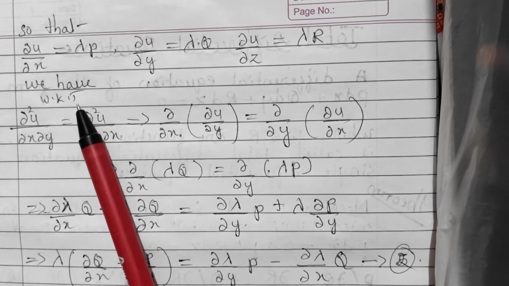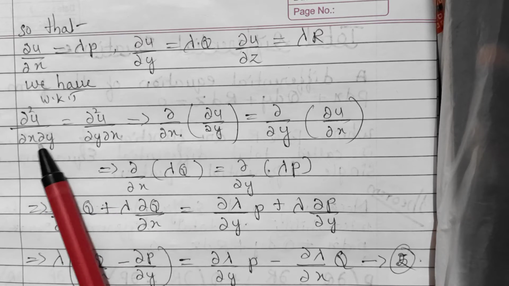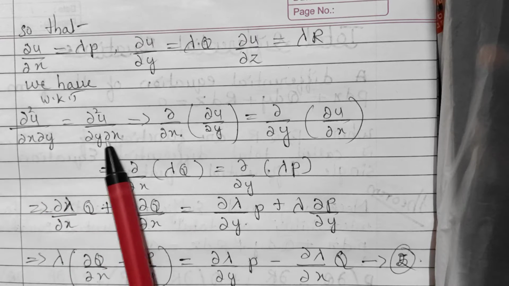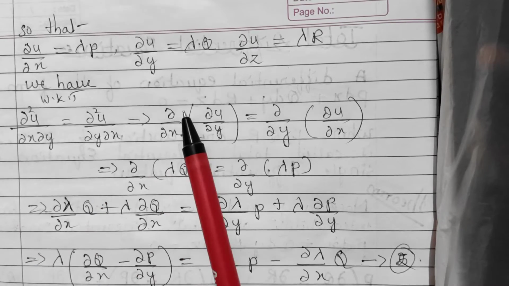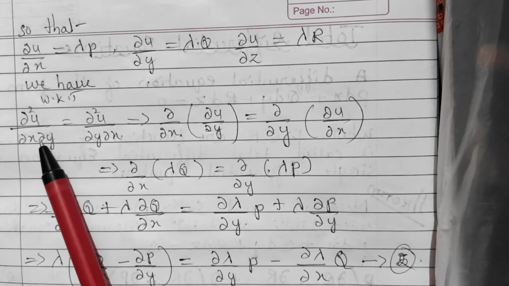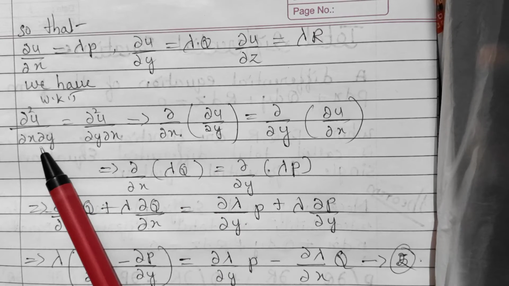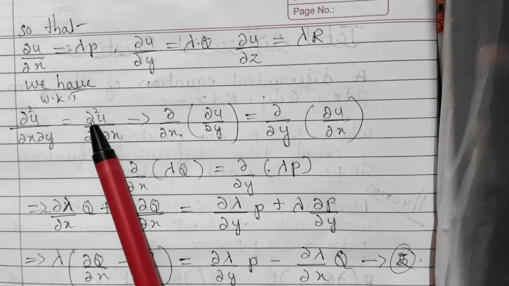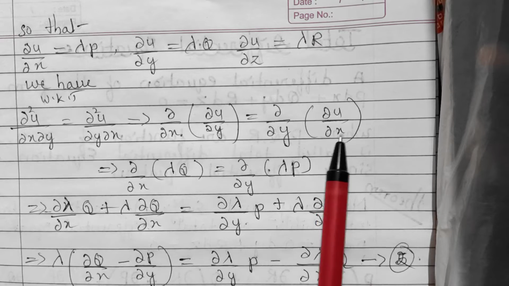So we know this exactness condition, that is dou square u by dou x dou y is equal to dou square u by dou y dou x. Take this condition, isn't it? So it implies that here take dou u by dou x, and the remaining value is dou u by dou y in the LHS, is equal to, take here dou u by dou y, and the remaining value is dou u by dou x.